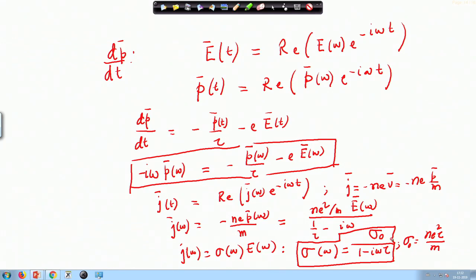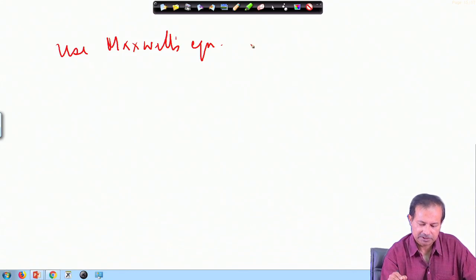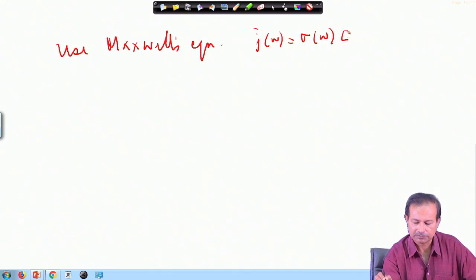From this relation you can go one step up, and you can use Maxwell's equation and combine it with this result that j of omega equals sigma of omega times E of omega.